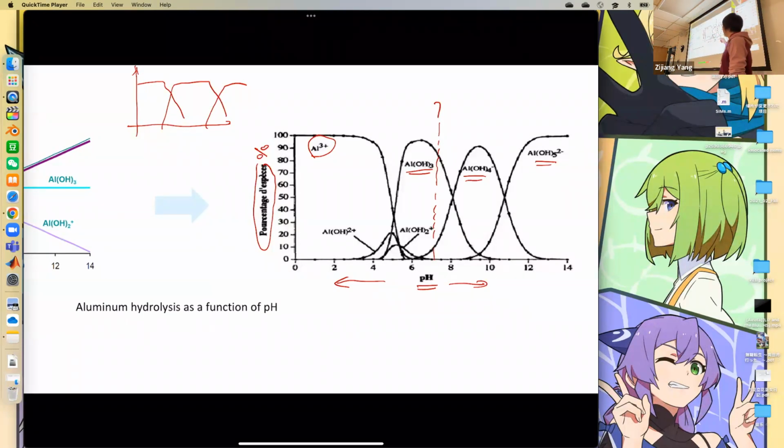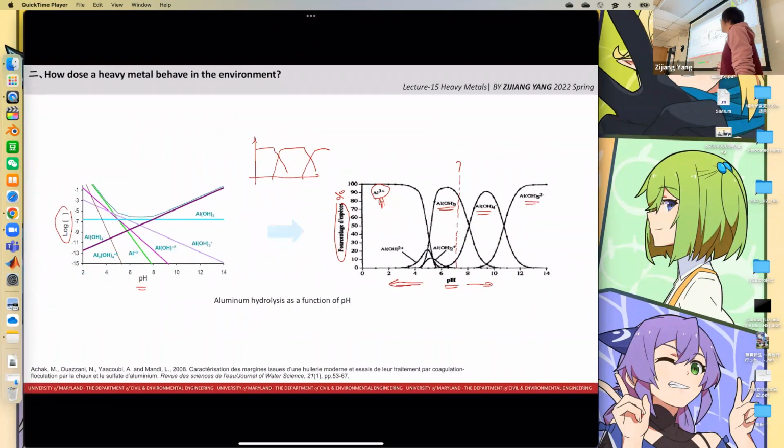This is a kind of precipitation, so the plant will not uptake this. But if the pH of the soil or the water decreases and becomes very acidic, then we will have more aluminum 3+, and this is bad for the plant. So we do not want the soil or the environment to become very acidic.